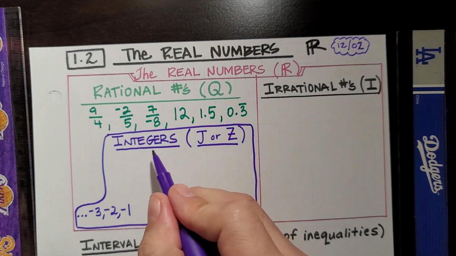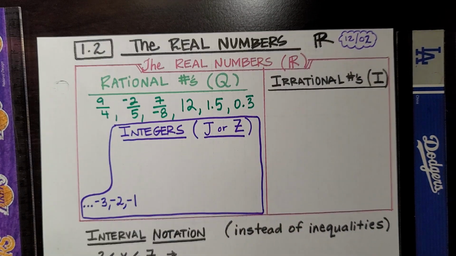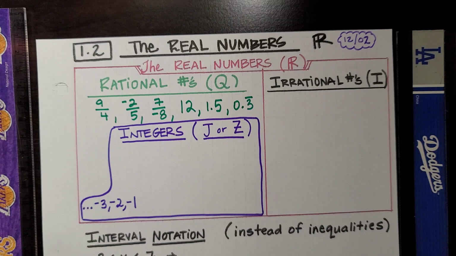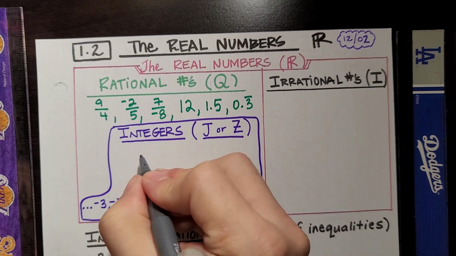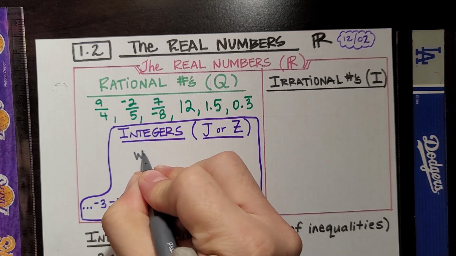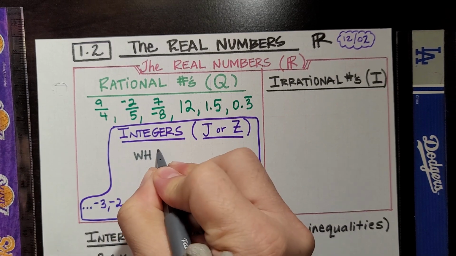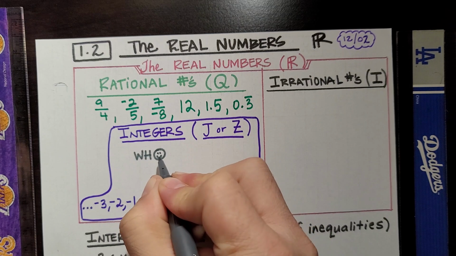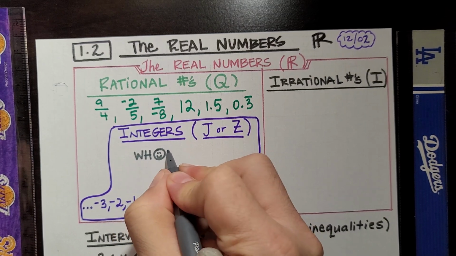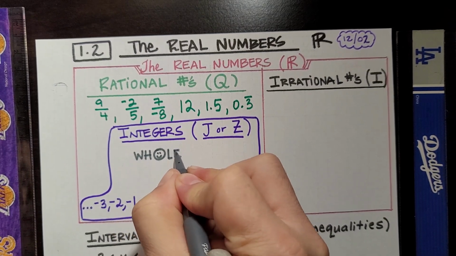Let's talk about a subset of the integers. The next subset of numbers are a set of numbers called whole numbers. Let's turn that into a happy O. You'll see why I do that.